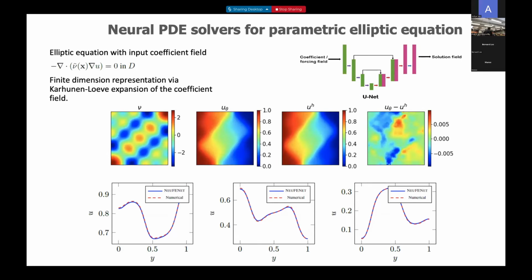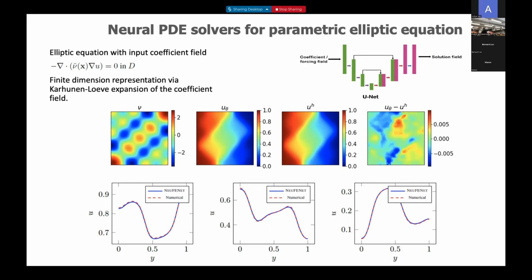And so we have had some preliminary promising success in designing these neural PDE solvers, essentially to serve as a parametric PDE solver. Right? So a simple example is we take a PDE where my coefficient field nu, similar to the microstructure, is a field. I come up with a finite dimensional representation of it. So I can represent the field using either Karhunen-Loeve or a cardinal expansion into a finite dimensional representation. So this is an example, and then we train a U-Net.